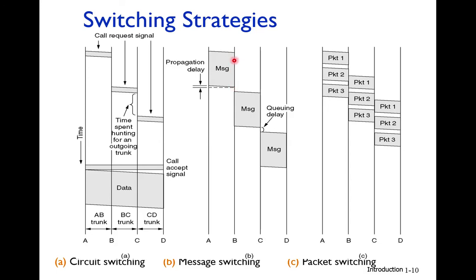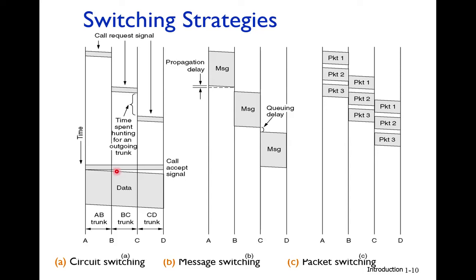Then you can see there is some gap, a waiting time. This time is used to examine the whole message: what its source address is, what its destination is, and which will be the best path. After this the message is forwarded. When this part of the message is received, it will not be forwarded; it will be stored until the whole packet is received.